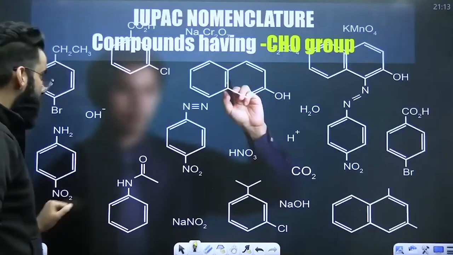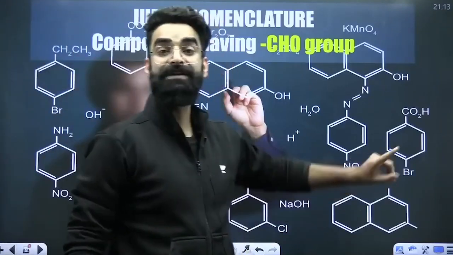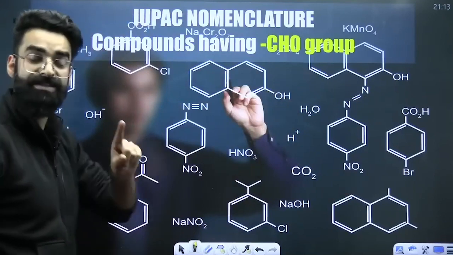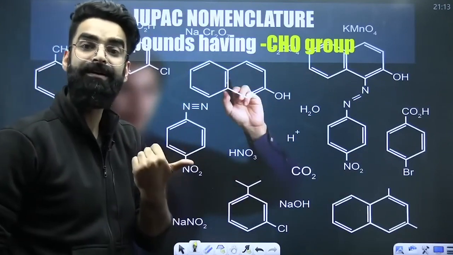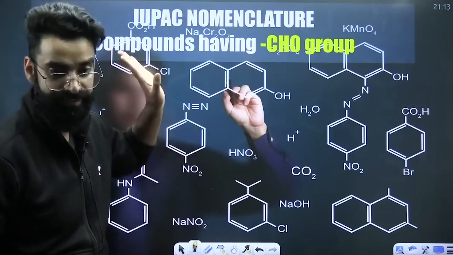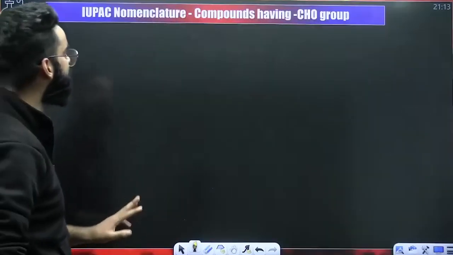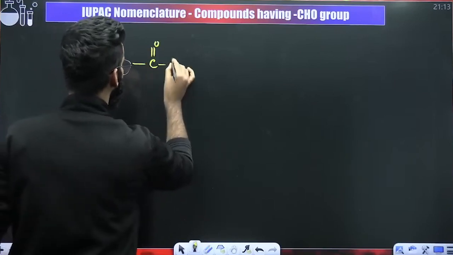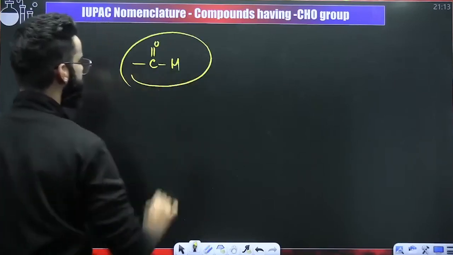Now, talking about those compounds which contain the functional group CHO, aldehyde. First, we discussed carboxylic acids. Second was your cyanides. Third is your aldehydes. In the case of aldehydes, this is your CHO, your aldehyde group.